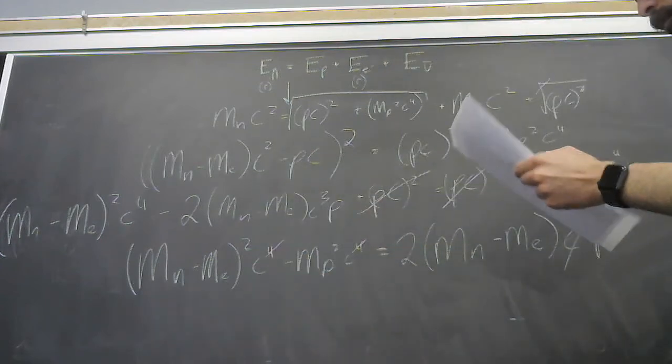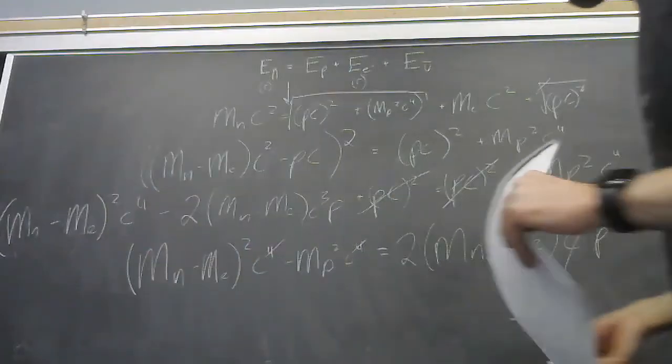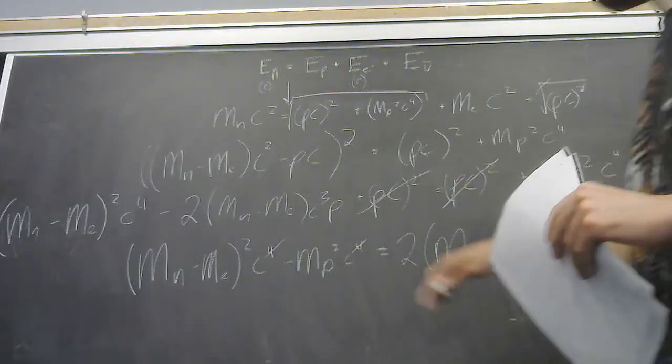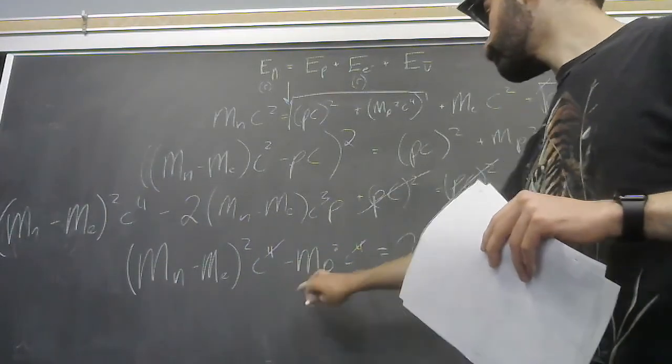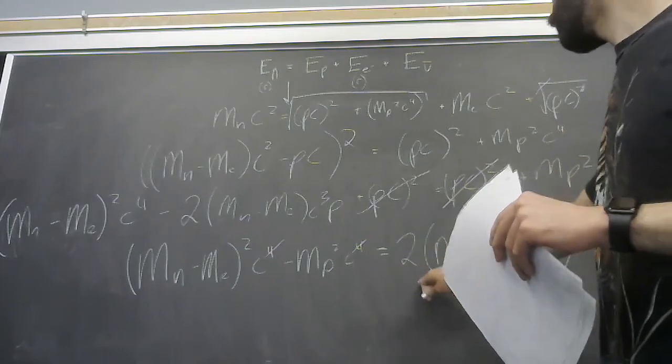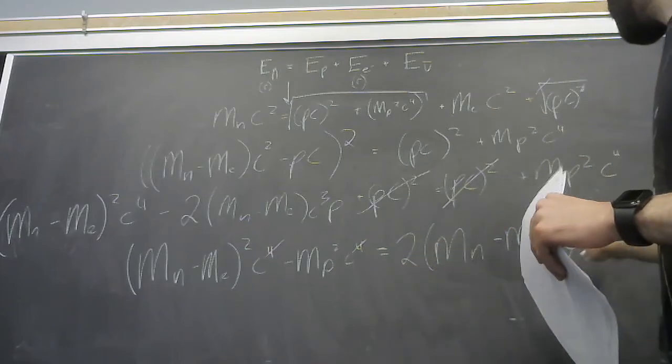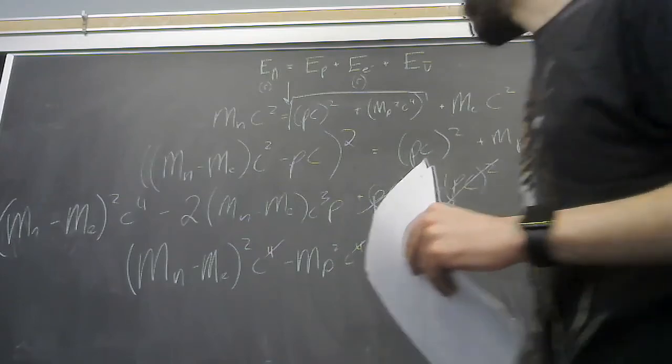At this point, I can factor out a c, and we are right at the end. I'm going to factor out a c from both of these terms, and then divide by 2 times (mn minus me), such that p is isolated on one side.